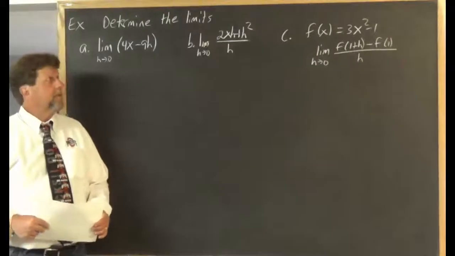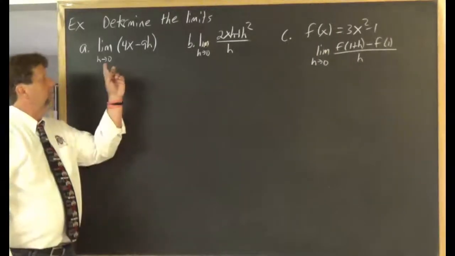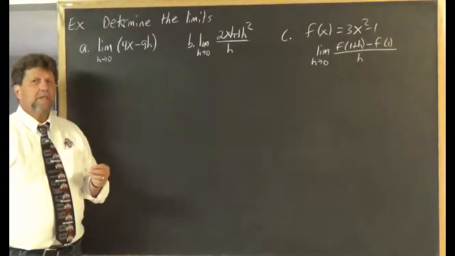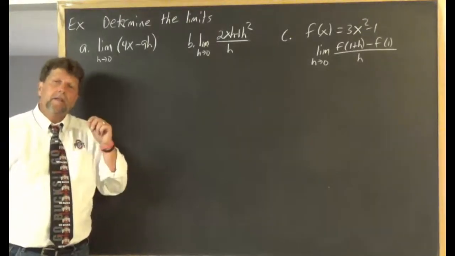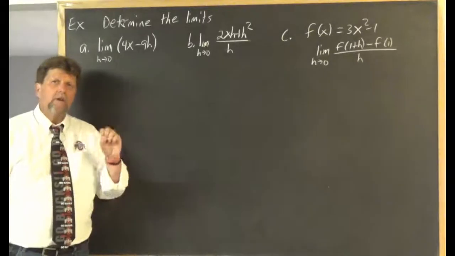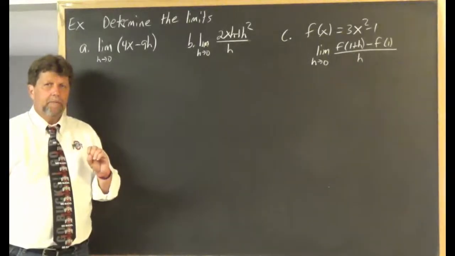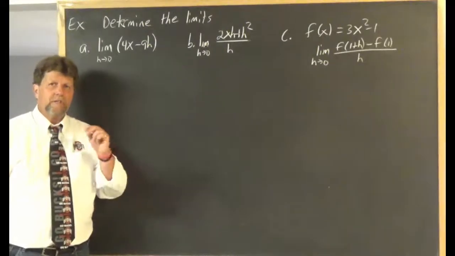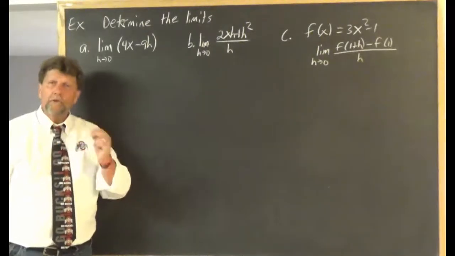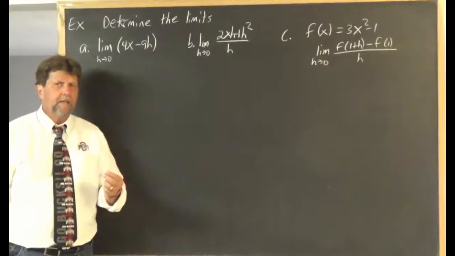All right, in this example, we're asked to find the limits, and in part A, it was the limit as h approaches 0 of 4x minus 9h. This is the limit as h approaches 0. x can be treated as a constant. It's just as h is getting closer to 0. So we do the same thing that we have been stressing here for a while.